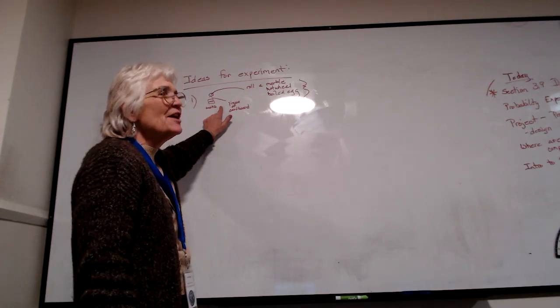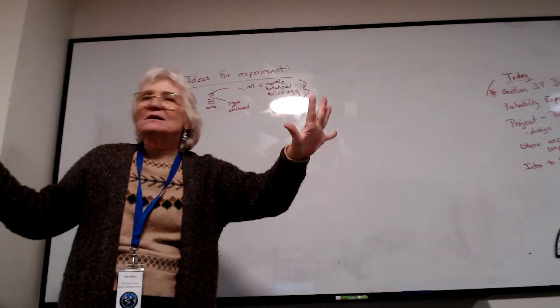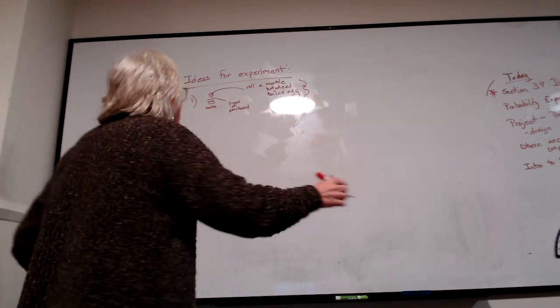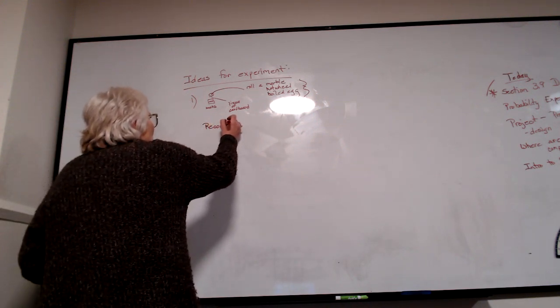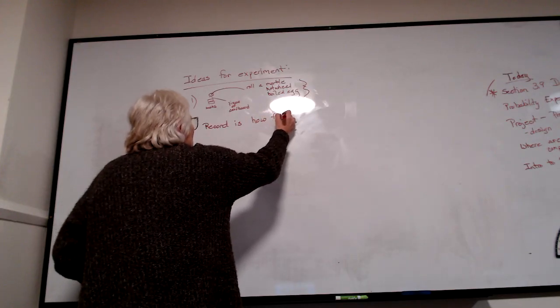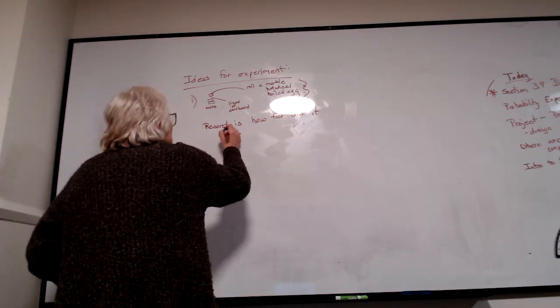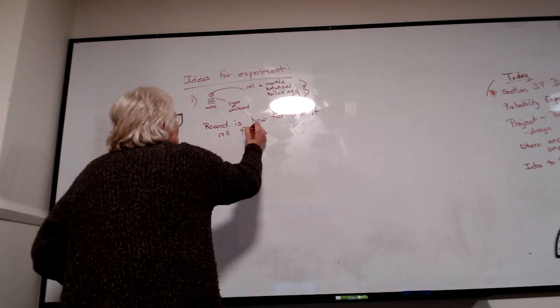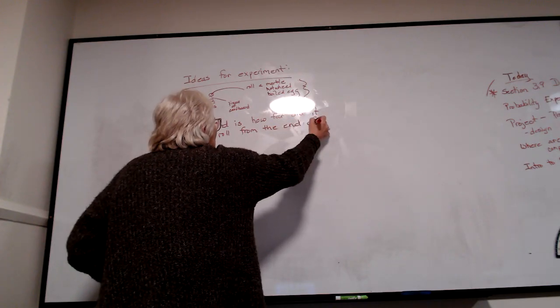A bouncy ball? I don't think your mom will want that. Okay. So, what you're going to record here is how far did it roll from the end of the cardboard.